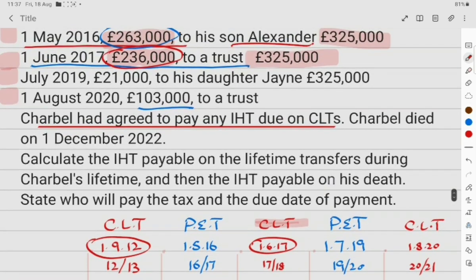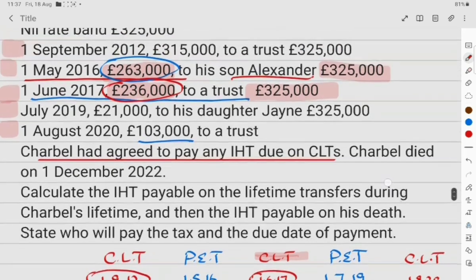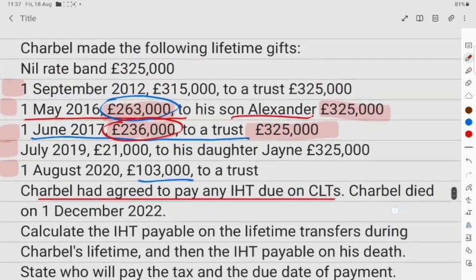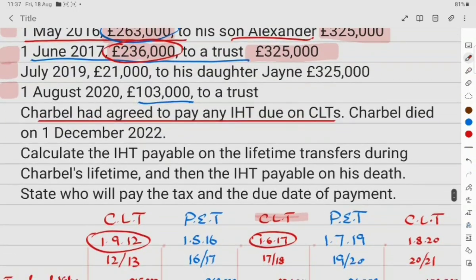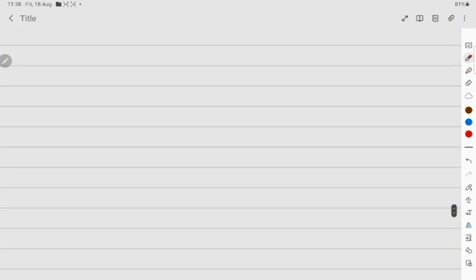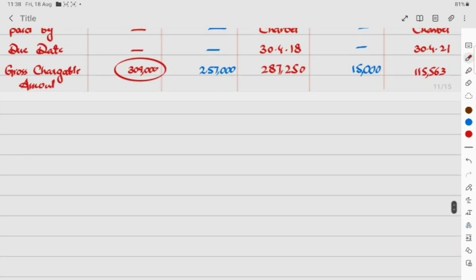So first we have to consider the date of death of that person. Is the date of death given or not? He died on 1st December 2022. So if the date of death is 1st December 2022, we have to consider 7 years before the date of death.